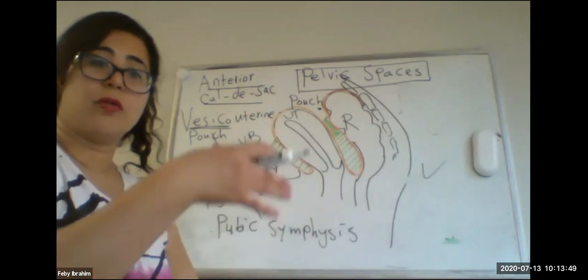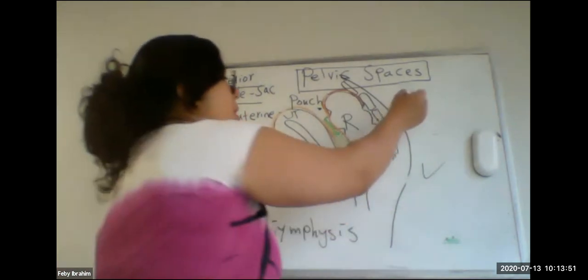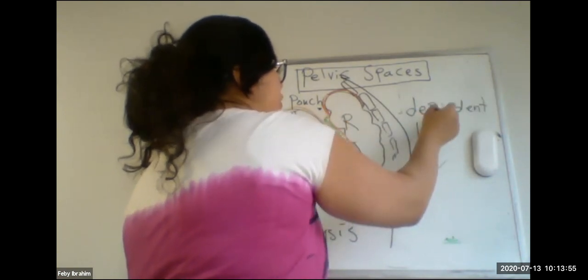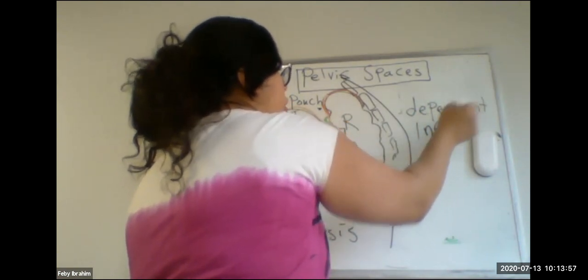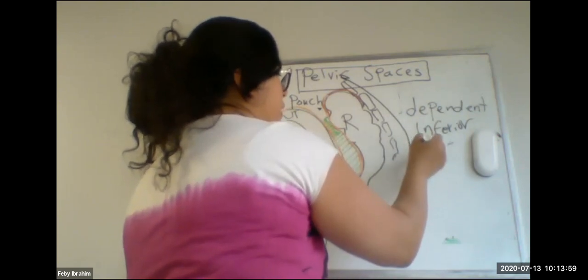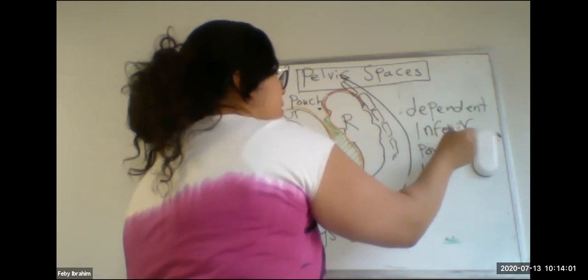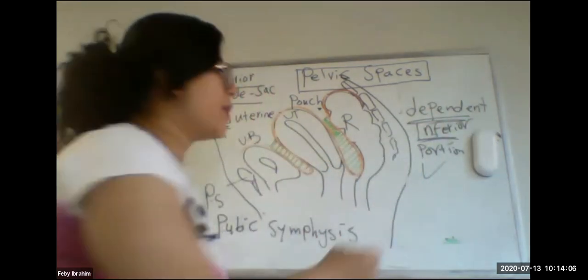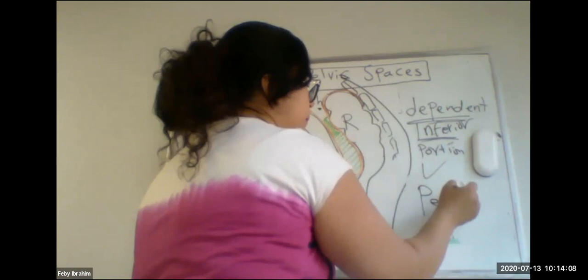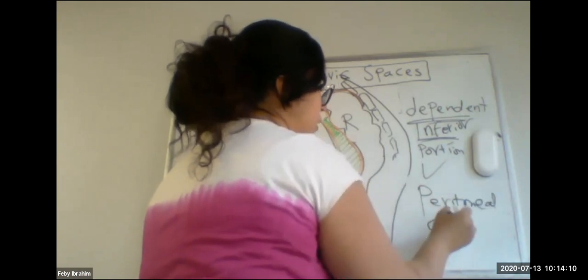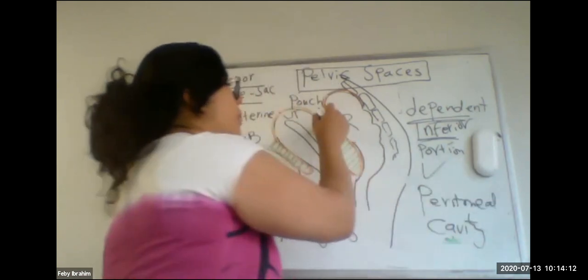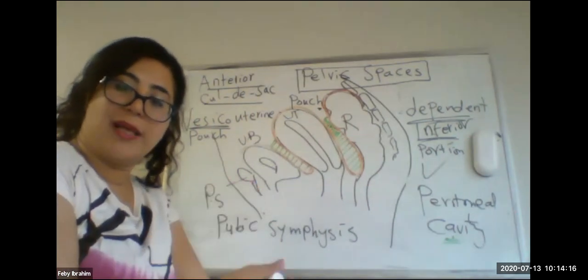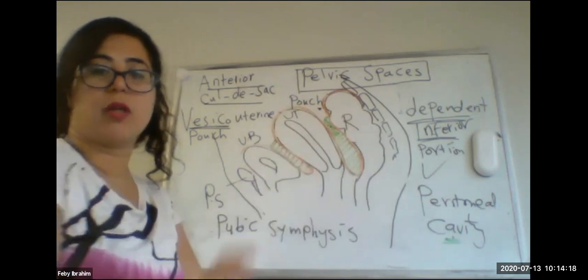This is because of gravity. This one is the most dependent and the most inferior portion of the peritoneal cavity, the posterior cul-de-sac area. So the fluid will accumulate first in the posterior cul-de-sac.